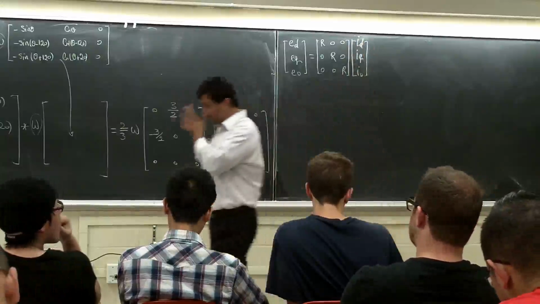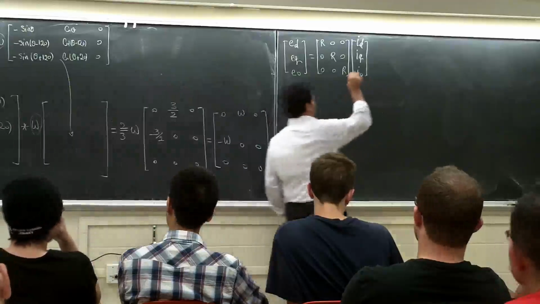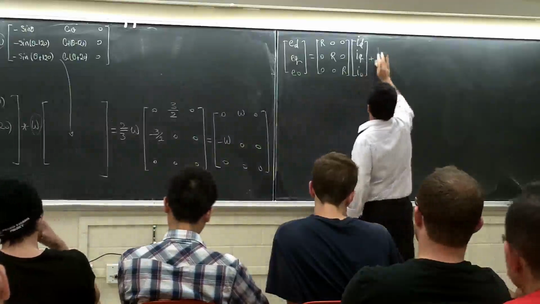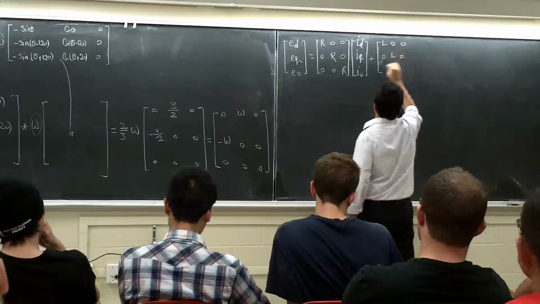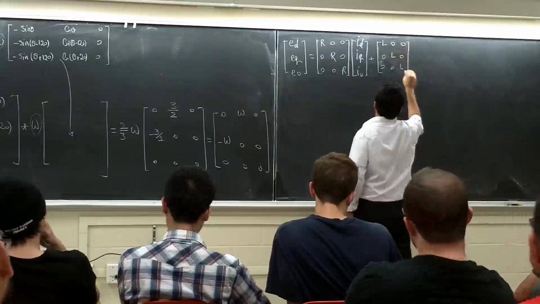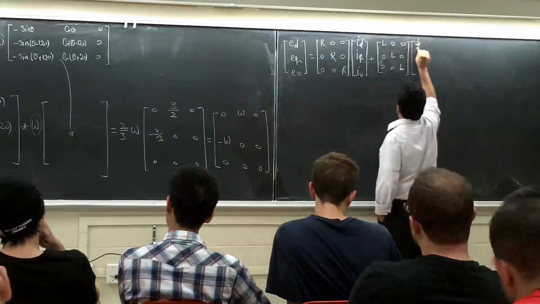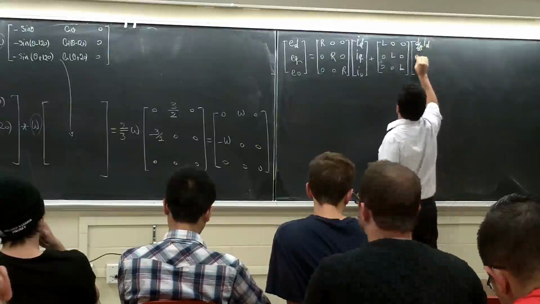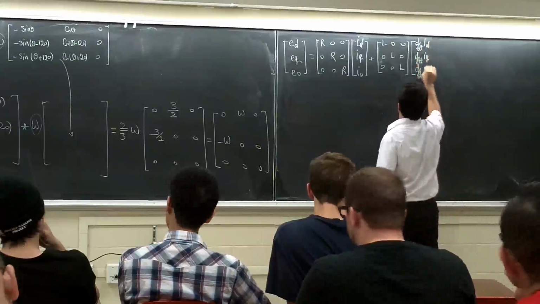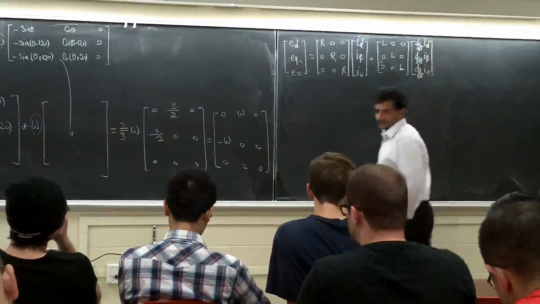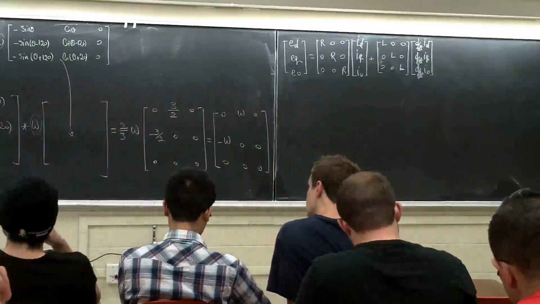Right? Now, plus L is a matrix, plus L 0 0, 0 L 0, 0 0 L, times d over dt I_D, d over dt I_Q, d over dt I_O. Right? Now, the next one is this one, right?